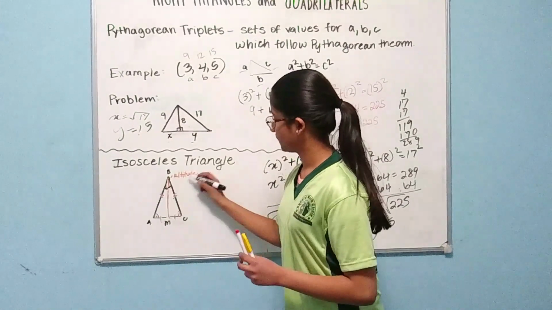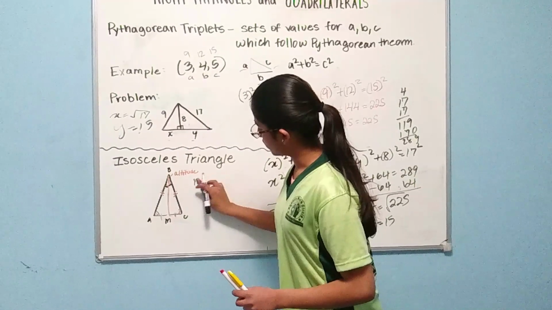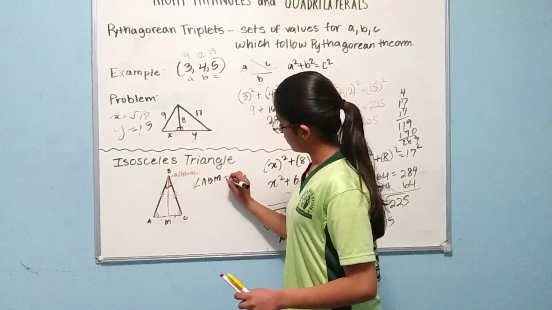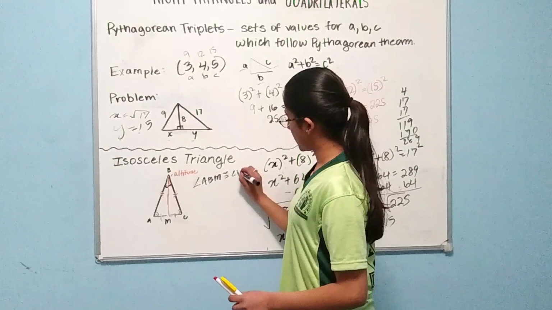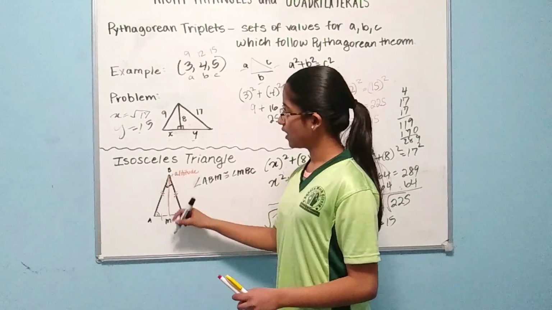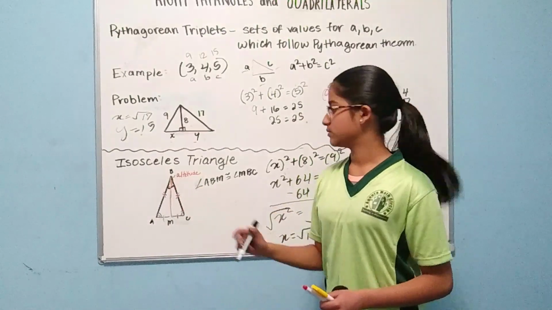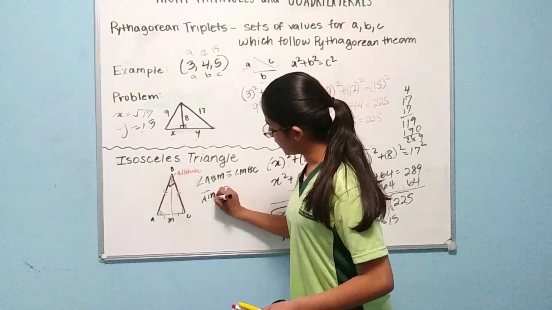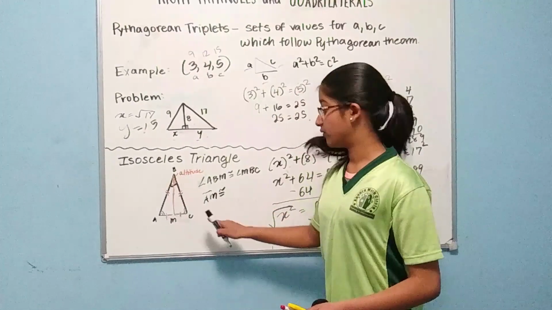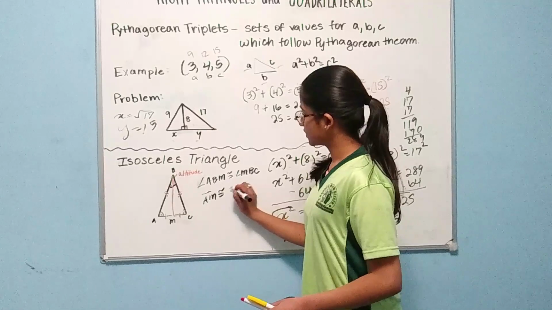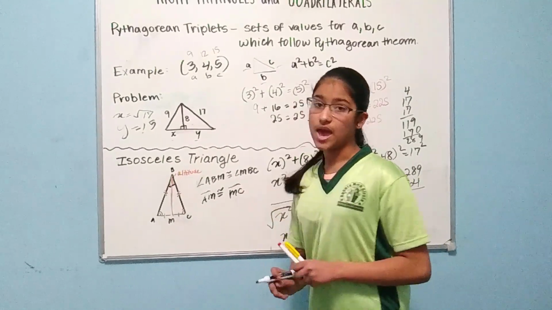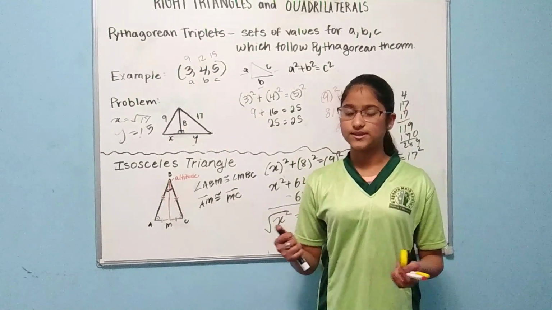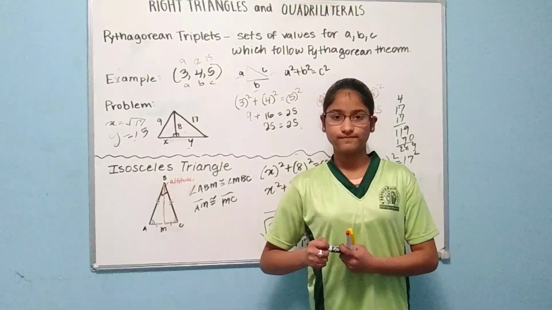So basically, measure of angle ABM is congruent to angle NBC if the altitude is there, and the length AM is congruent to the length MC. So this is another cool thing about altitudes in an isosceles triangle.